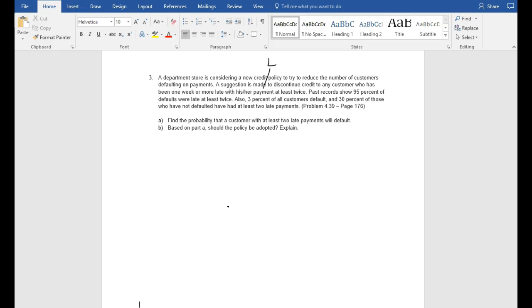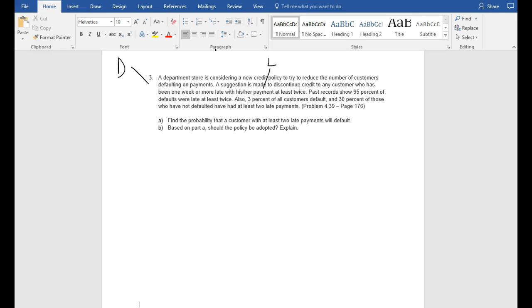Past records show, and so then the thing that we are trying to determine is defaulting. Okay. Sorry to keep stopping, but this is the way that I'm going to attack problems from now on: I'm going to read through them and pull out all of the information that we have and try to write it down before we get started.